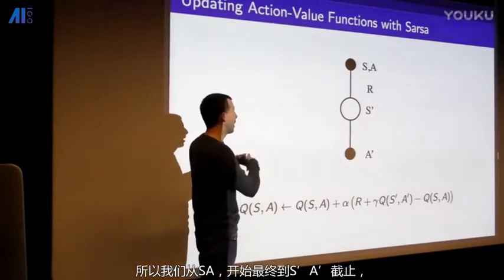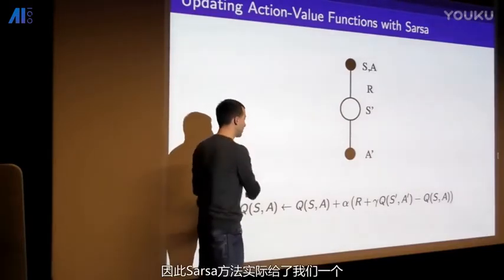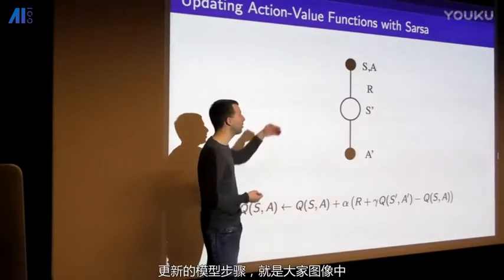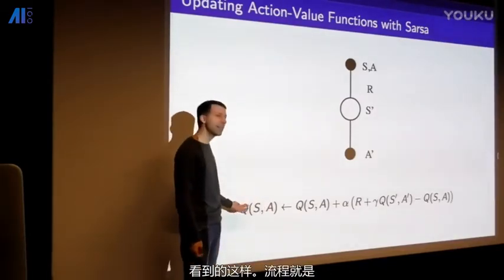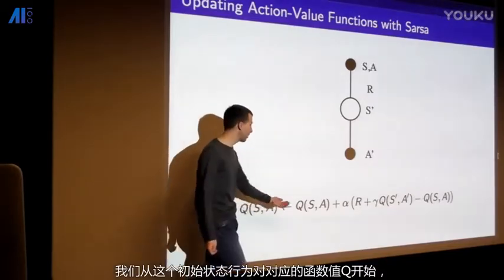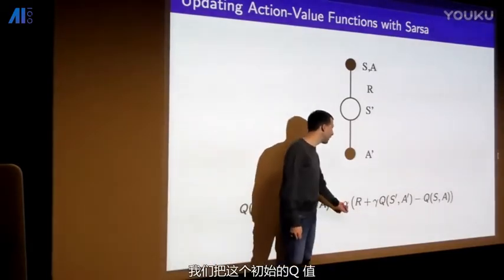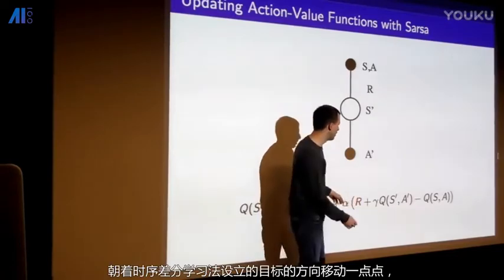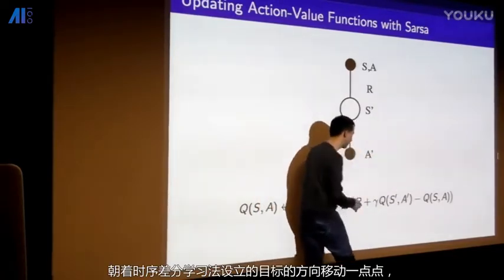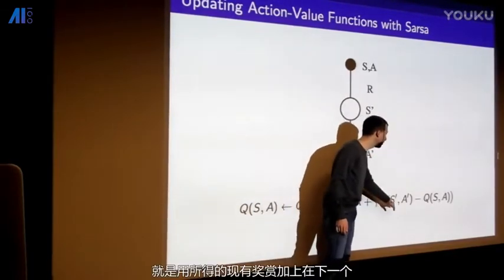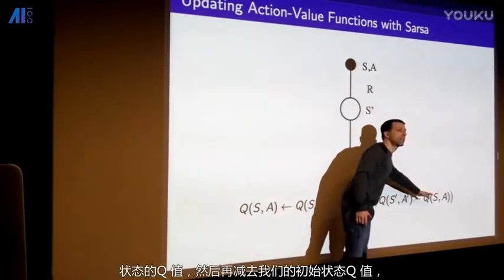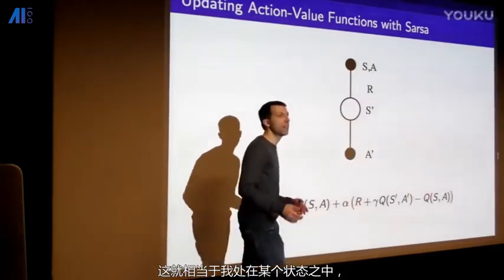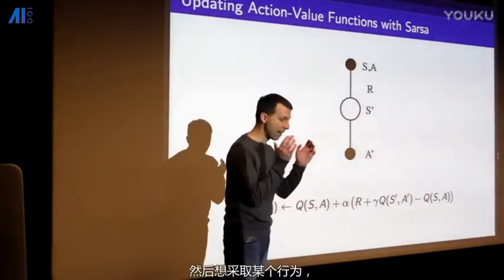SARSA indicates a particular update pattern that we're going to use. What do we do? We start with our Q values and move our Q value a little bit in the direction of our TD target: the reward plus the discounted Q value of the next state-action pair, minus the Q value of where we started. So it's like I was in some state and I'm considering taking some action.